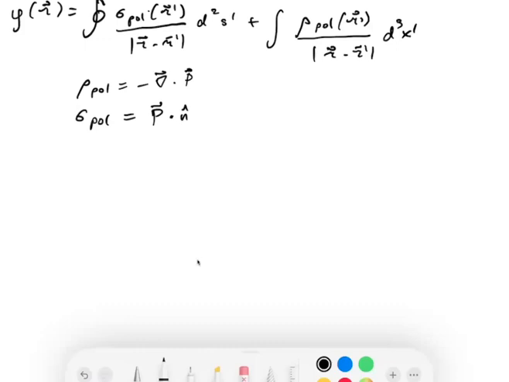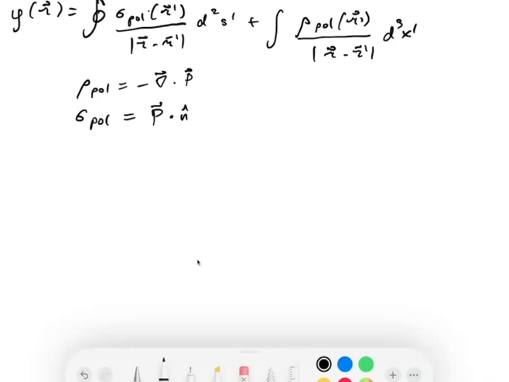Okay, now in general, we can have the potential of some kind of charge configuration in space be a function of both rhos that are present as well as materials that might have a polarization in them. So we should say that the total charge that can lead to a scalar potential should be not only that rho polarization, but also the rho that we already had.